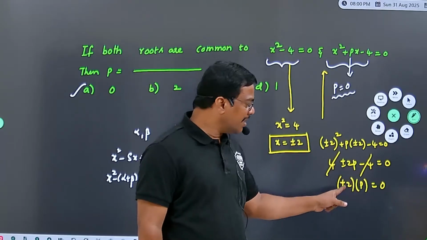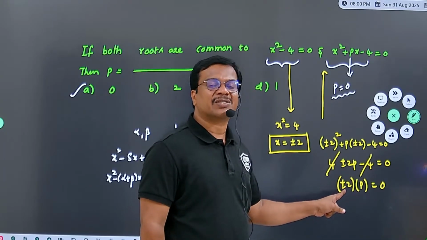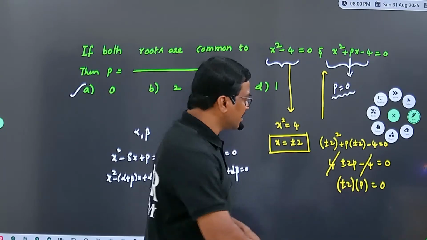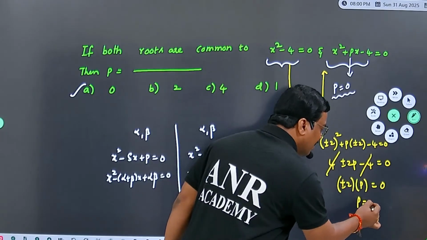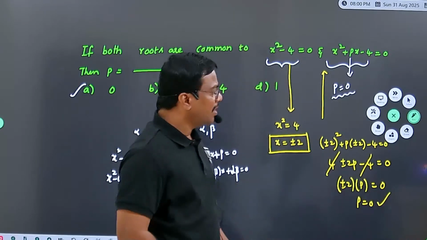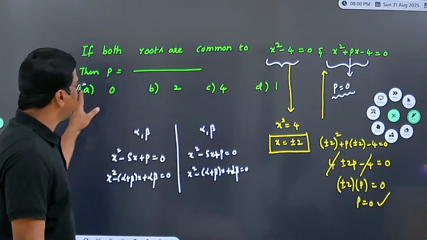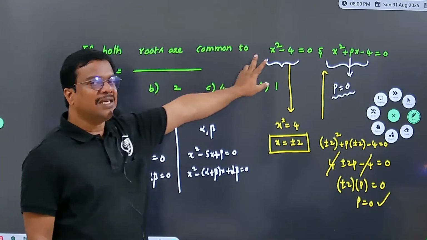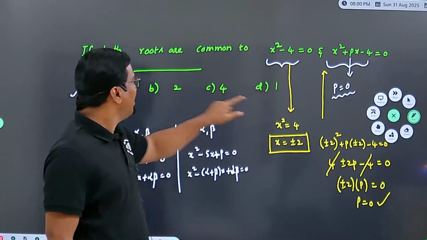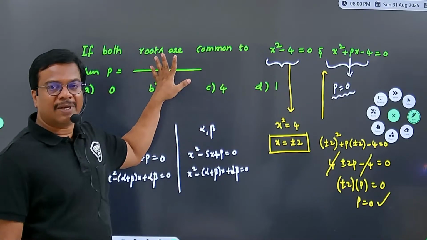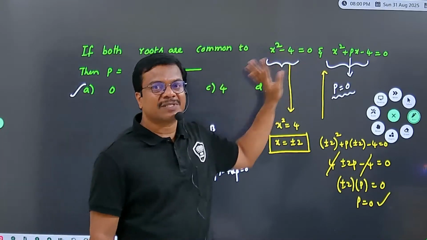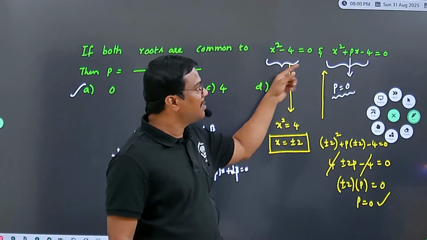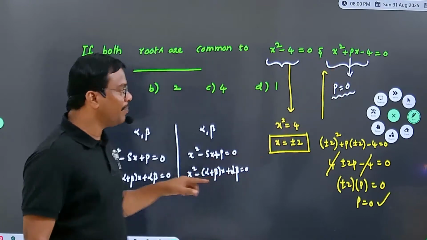There is no chance for plus or minus 2 to be 0, and hence it is possible only when p equal to 0, and hence p equal to 0 is the right option. Simply by seeing the two equations, whenever the roots are common, the equations must be same, and hence you can directly put the value of p as 0.